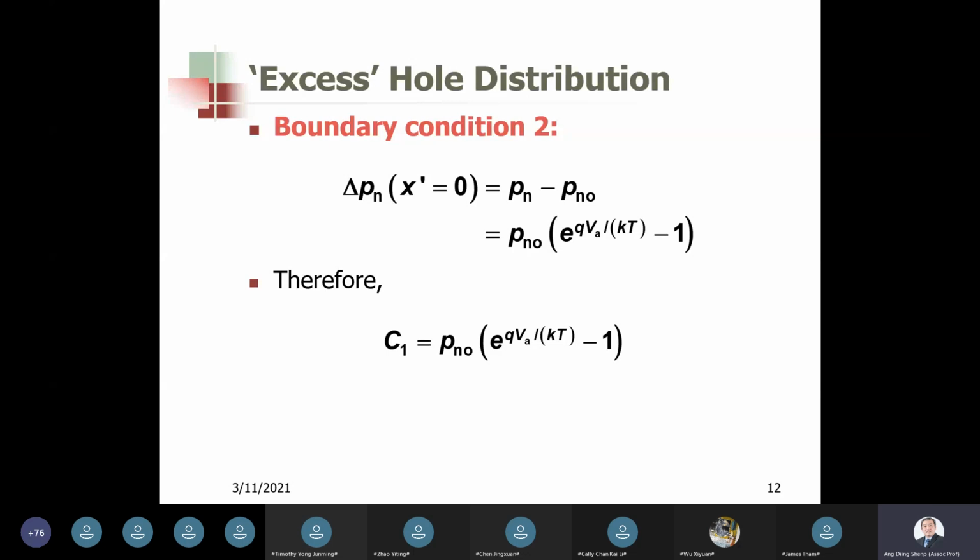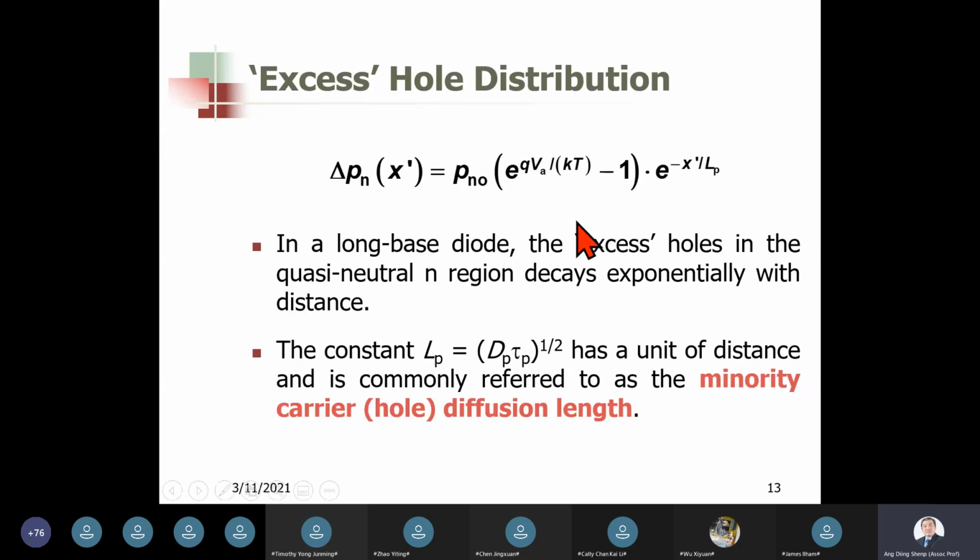Okay, so C1 is also determined, and with this, the excess hole concentration along the quasi-neutral P region is now completely solved. Essentially, it is an exponentially decaying function with the rate of decay determined by this parameter LP.